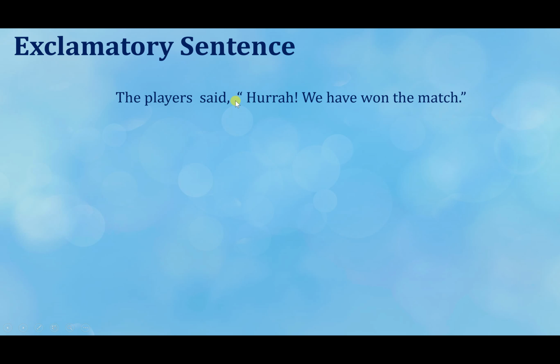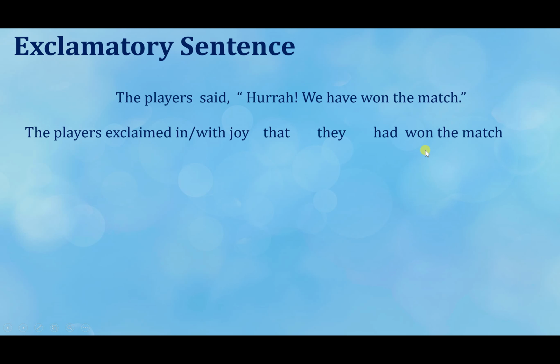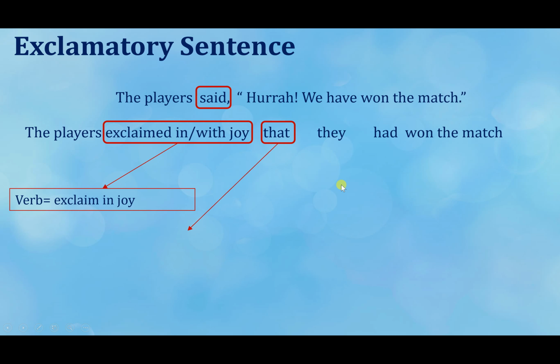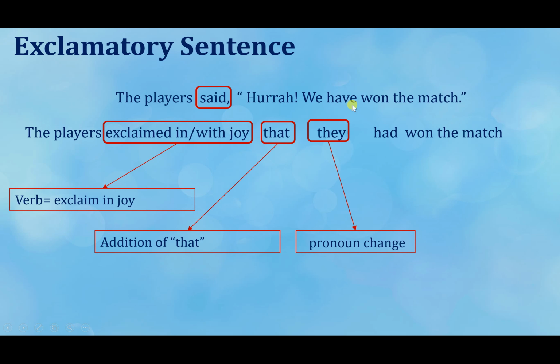For hurrah, we will use that. Like the players exclaimed with joy. So that will be added in the second. The other changes are similar, like they, so we will be they. Then the tense, present perfect tense will be in past perfect tense, had. So this is how you have to change the expression of joy.